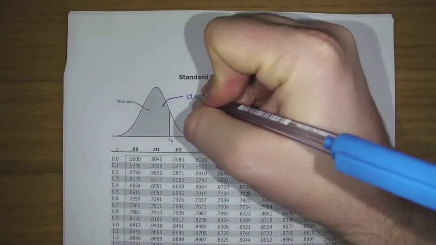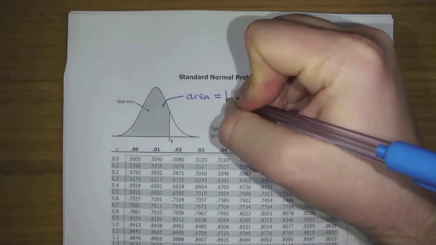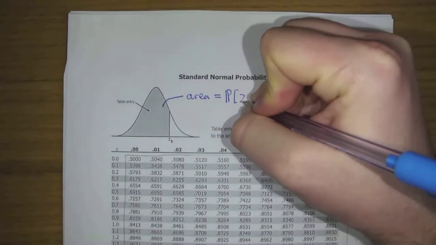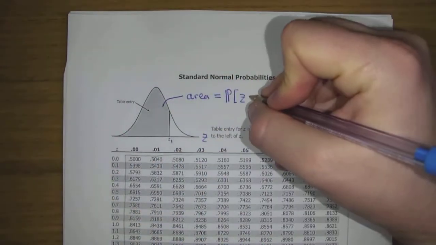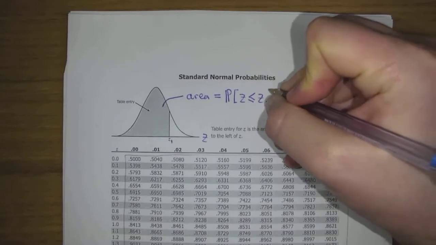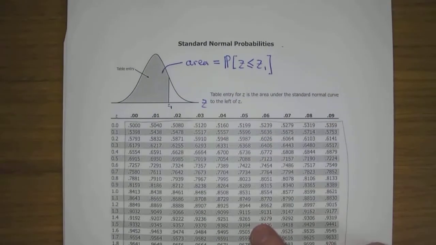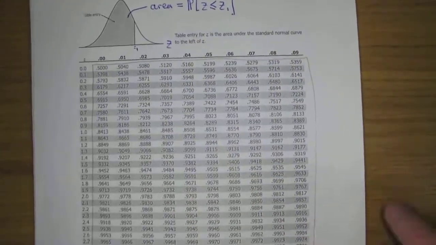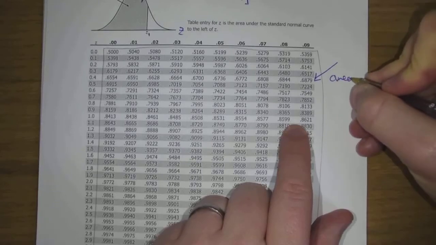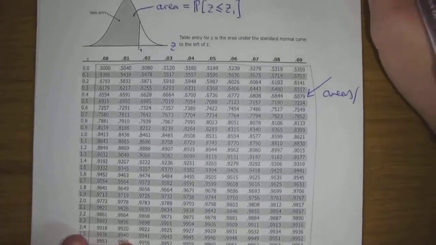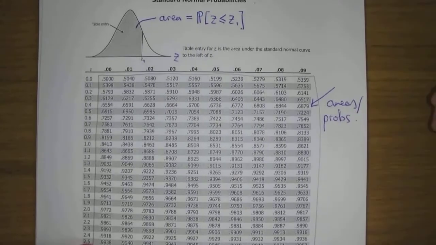So this area would be equal to the probability that Z, which is on the x-axis here, is less than or equal to Z1. So these numbers in here are all areas, and they're all probabilities, and as you can see, they're numbers between 0 and 1. So all these things are areas slash probabilities. Let's write probs.